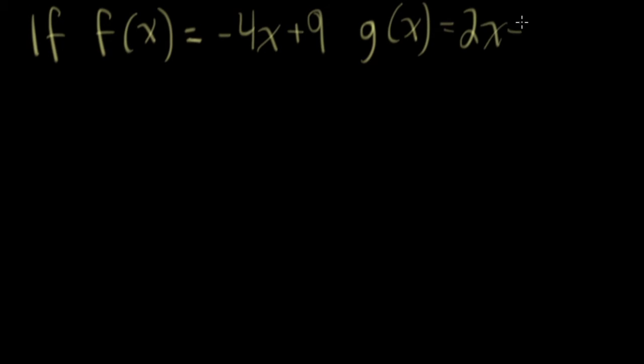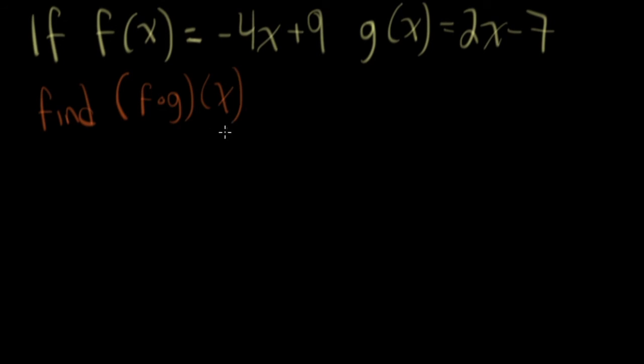So there's our couple of situations. I want you to find f of g of x. So f of g of x, which is another way of saying it like this. So you're going to see it maybe sometimes written a couple of different ways. So sort of like that. That's what I want to find.